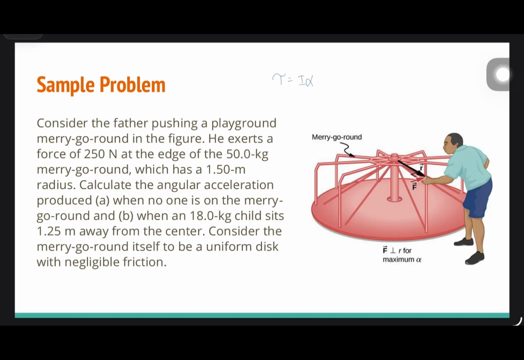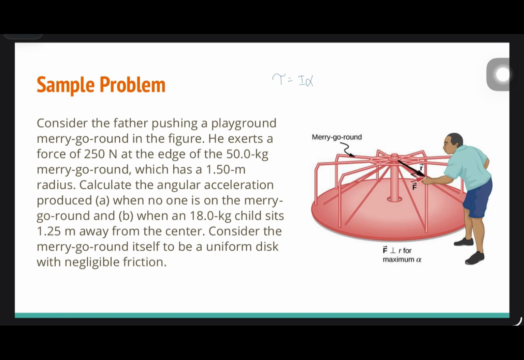Okay, let's solve a problem. Consider the father pushing a playground merry-go-round in the figure. He exerts a force of 250 Newton at the edge of a 50 kilogram merry-go-round, which has a 1.5 meter radius.